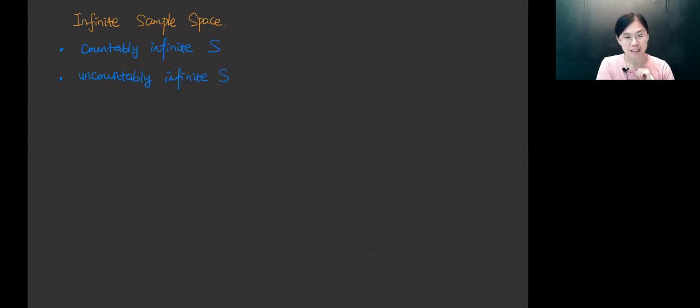Countably infinite S contains countably infinitely many elements. So what does that mean? It means the elements can be counted. For example, S might be all the positive integers.